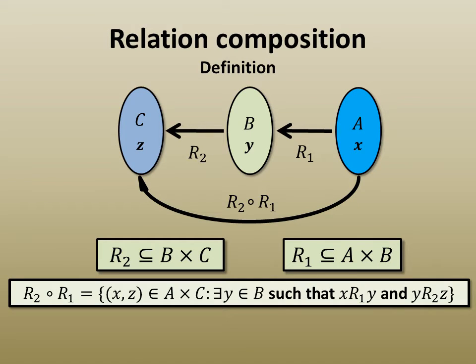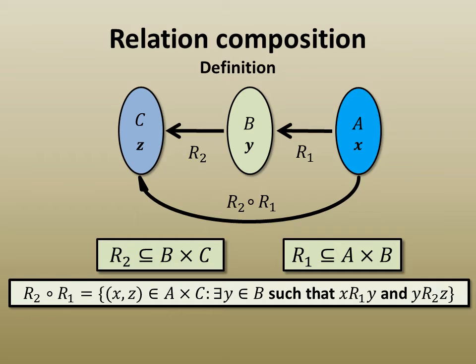For a formal definition, first let R1 be a subset of A cross B, and R2 a subset of B cross C. We say that R1 composed with R2 is a subset of A cross C, and an element X of A is related to an element Z of C if and only if there exists some element Y in B for which X R1 Y is true and Y R2 Z is true.